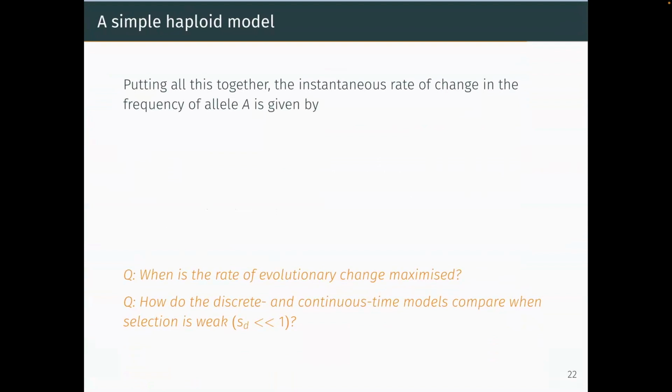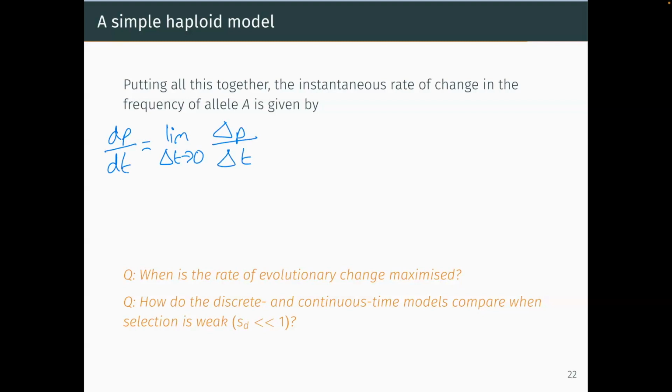Okay. Because we're in continuous time, ultimately, we want to have an instantaneous rate of change for our frequency of allele capital A. So in other words, we want to have a differential equation, dp dt, which is just going to be the limit of delta t tending towards 0 of our delta p over delta t.